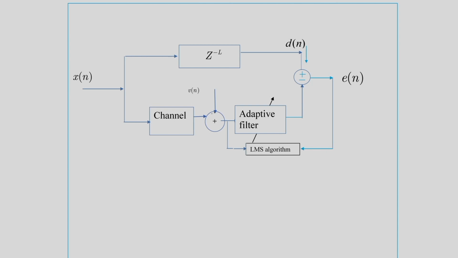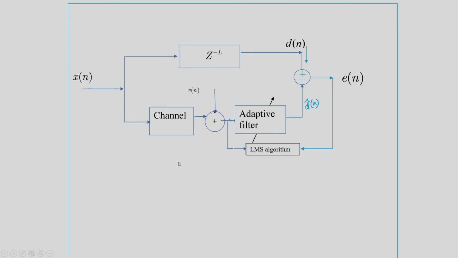So this noise v[n] is added here, and the output is passed to the adaptive filter. The adaptive filter will estimate d hat[n], and the error will pass over to the LMS algorithm. So this is the channel equalization problem.